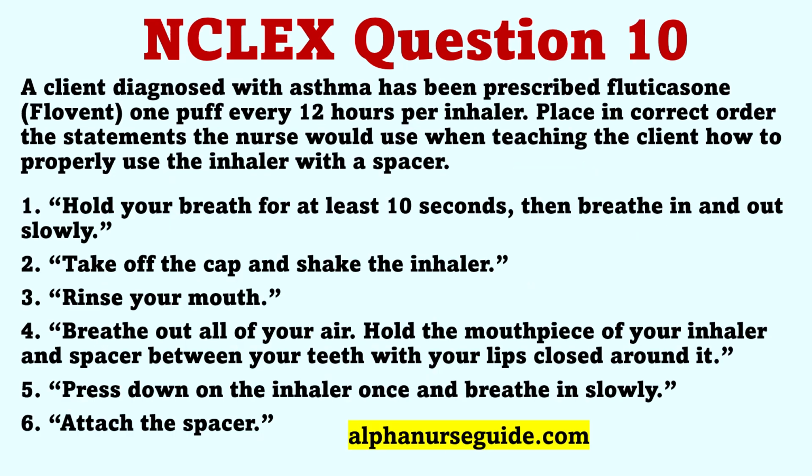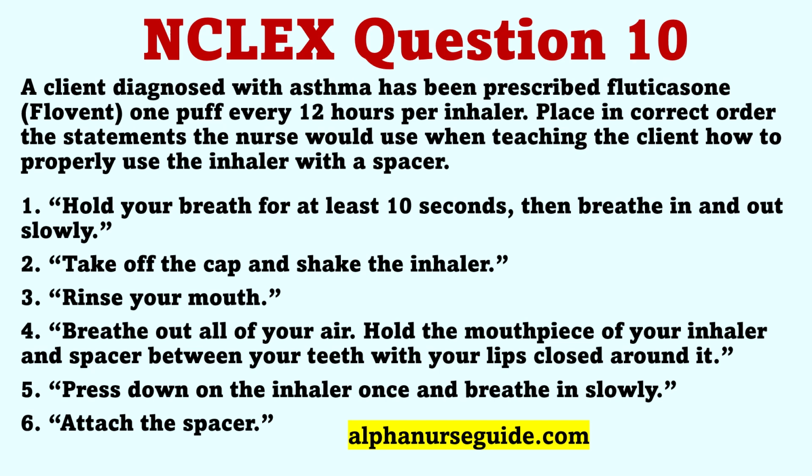A client diagnosed with asthma has been prescribed fluticasone 1 puff every 12 hours per inhaler. Place in correct order the statements the nurse would use when teaching the client how to properly use the inhaler with a spacer. 1. Hold your breath for at least 10 seconds, then breathe in and out slowly. 2. Take off the cap and shake the inhaler. 3. Rinse your mouth. 4.